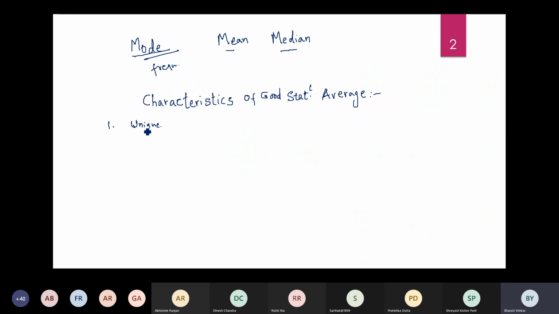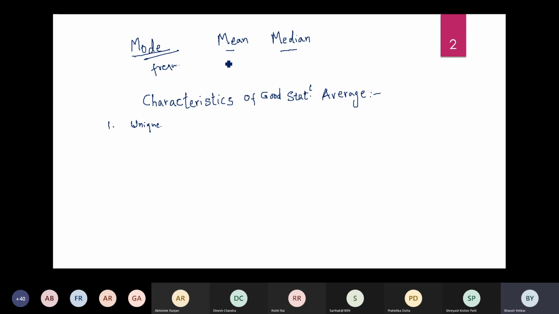Okay, so it should be well defined. First of all, for what purpose you are calculating, according to that, what type of central tendency you should apply for a particular result. What type of data you have and what is your study, first of all you have to find out.